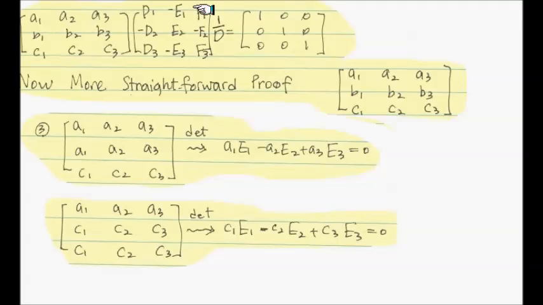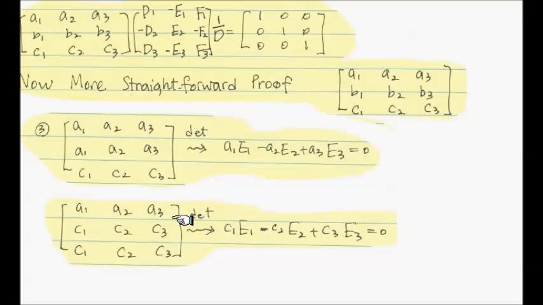So let's look at the third one. If the second column is multiplied to the third row, and you get exactly like this, no sign change or anything, exactly like this, right? So we'll put this C1, C2, C3 in the top row. What happened here? So I think I made a mistake. C1, C2, C3 is supposed to go in the top, and E1, E2, E3 has to be down here, A1, A2, A3 there.